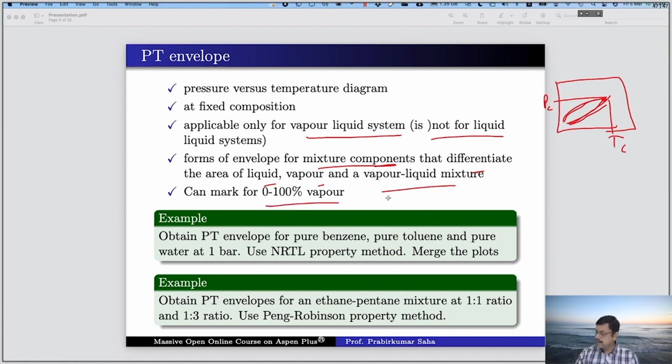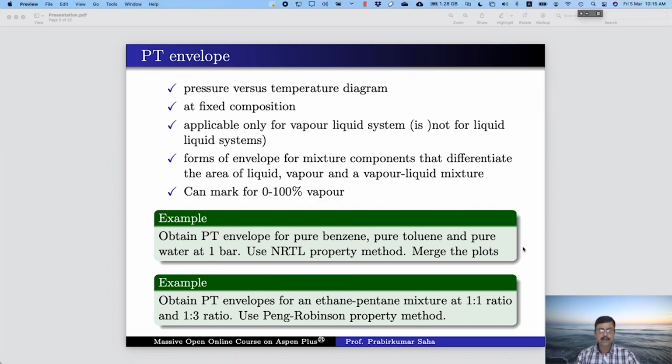So to understand it better, let us take this example first. It says, obtain a PT envelope for pure benzene, pure toluene, and pure water at 1 bar. Use inertial property method, merge the plots. So let us try this. For that, let us go back to Aspen simulation window and look for benzene, toluene, and water.